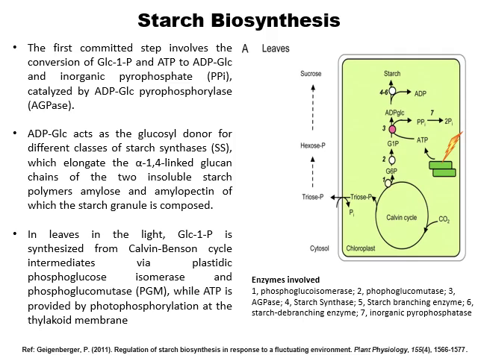And the first committed step during starch biosynthesis is conversion of this glucose 1-phosphate. You can see here this glucose 1-phosphate is converted into ADP glucose with the help of one ATP molecule. So basically what happens is this ATP releases an inorganic phosphate molecule, resulting in formation of ADP, and this glucose combines with this ADP to form ADP glucose, and 2 phosphate molecules are released.